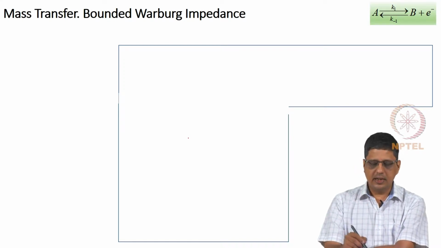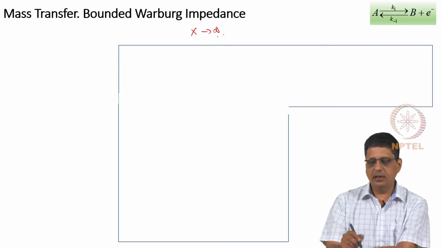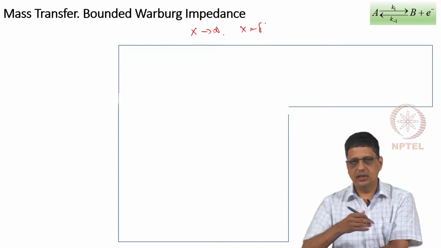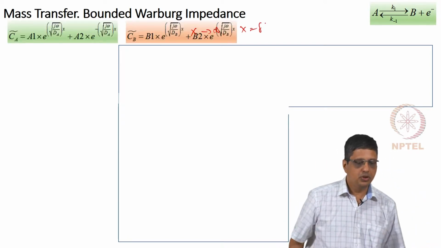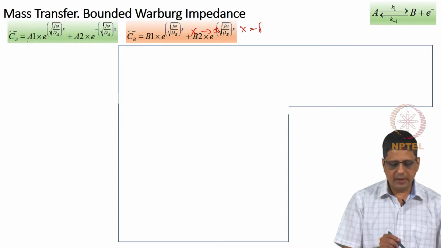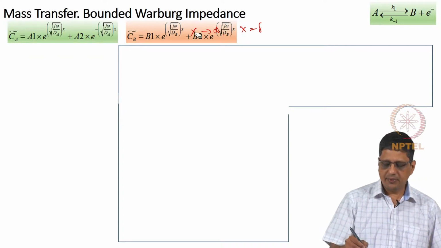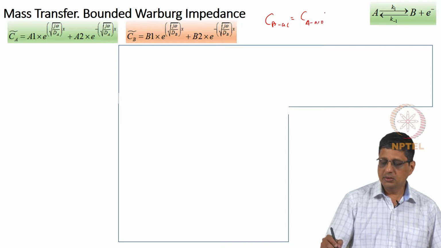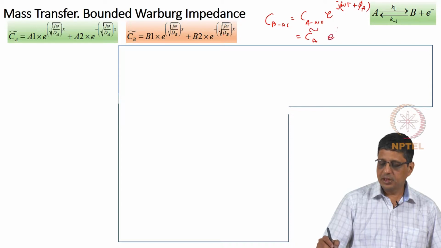Previously, we would have said at x tending to infinity, this is the result, whereas here we are going to say x equal to delta, it is going to be like this. So, the general solution is going to be in Ca tilde and Cb tilde, and again to refresh your memory, Ca AC was written as Ca AC0 e power j omega t plus phi a, and then we wrote it as Ca tilde e power j omega t.